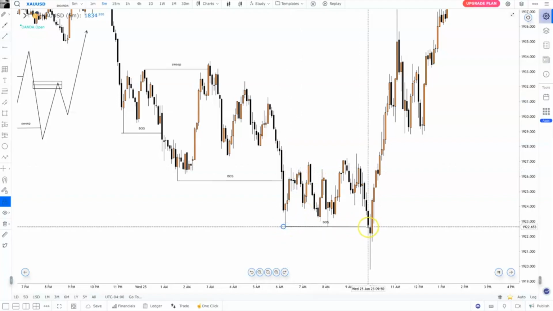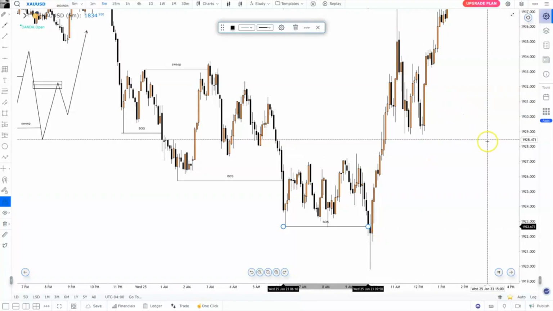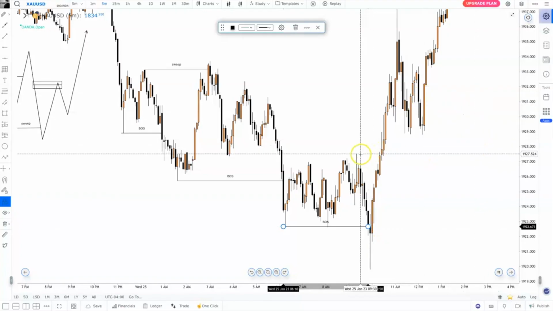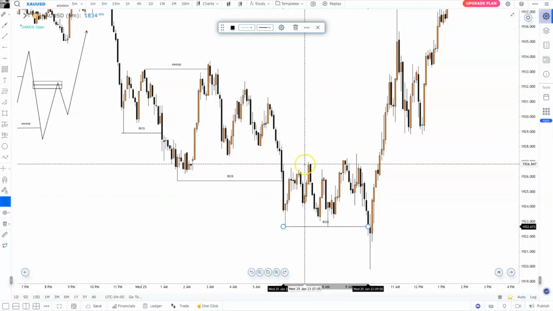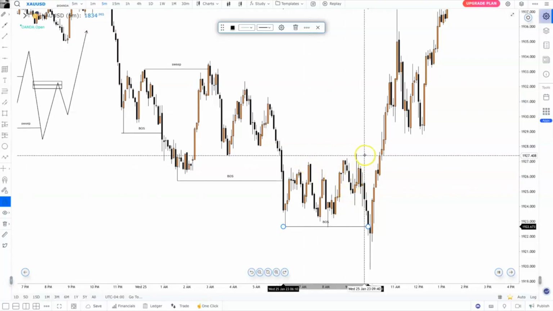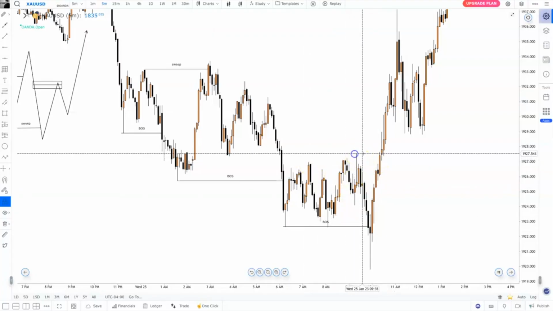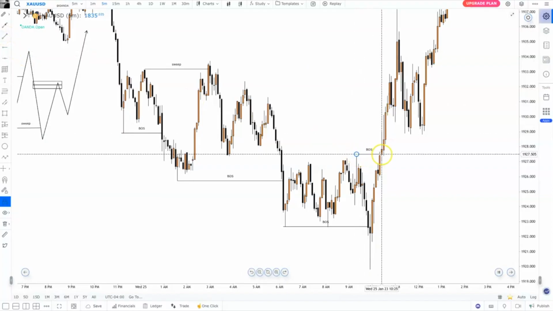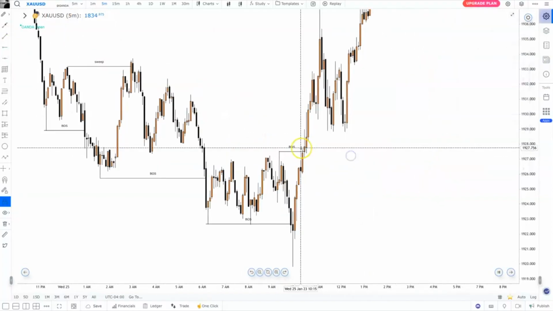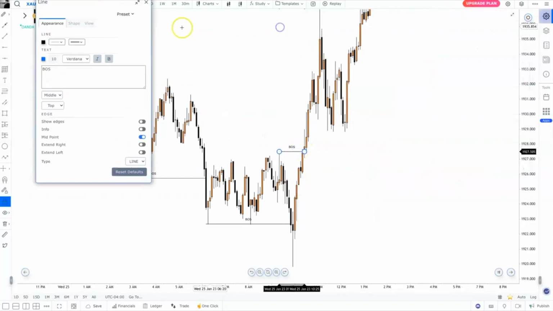Yeah, we can say that we have a breakup structure here in this area. Although, yeah, we definitely have it in there. It's kind of weird, but you can mark this now right here as the change of direction, change of character right here.